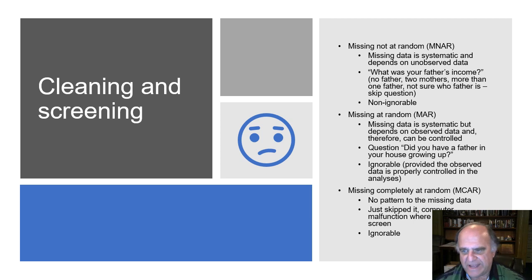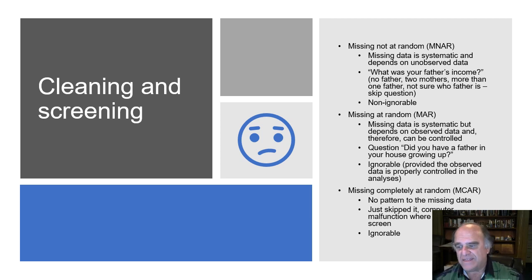Missing at random data is systematic, but depends on observed data and therefore can be controlled. So for example, the question, did you have a father in your house growing up? If we included that question on the survey, and the person says no, that tells us something about the missing data for the what was your father's income question.